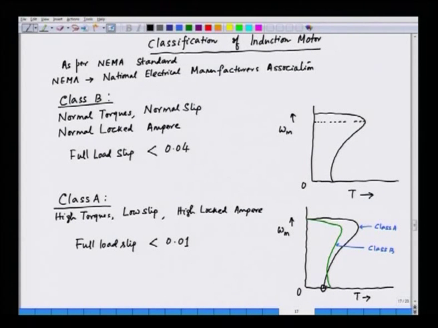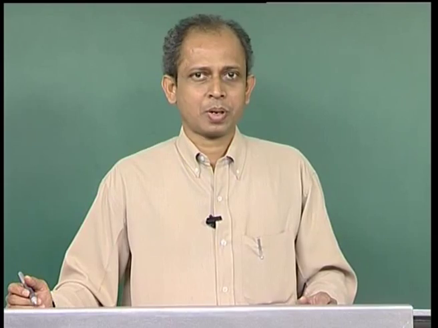starting torque. Now, if an application demands a higher starting torque, we should have a motor with higher starting torque, and the application also demands that the running torque should be quite high. So, we have two specifications: higher starting torque as well as higher running torque.